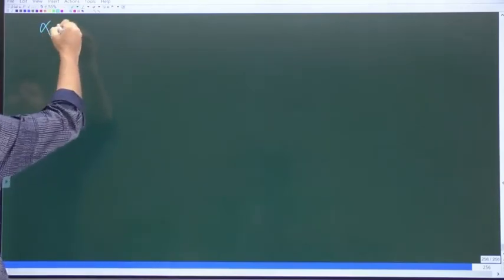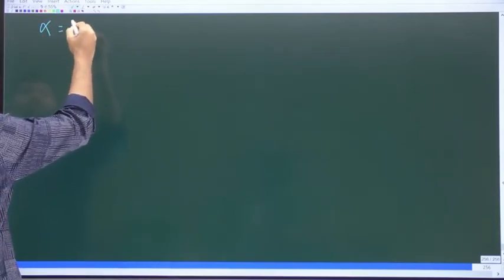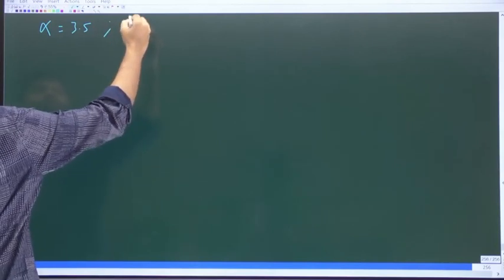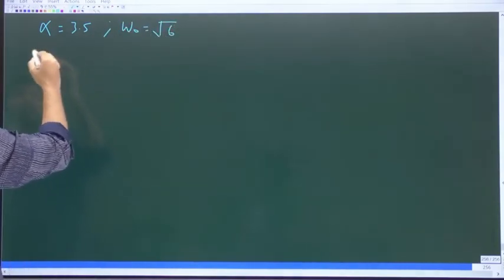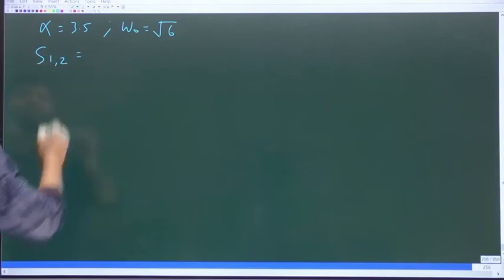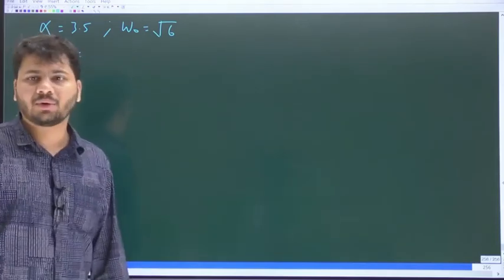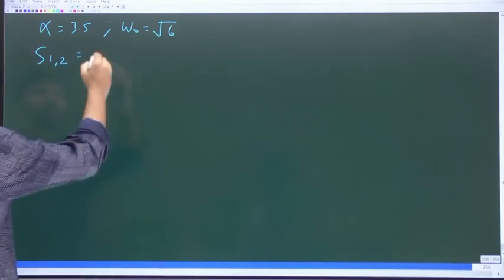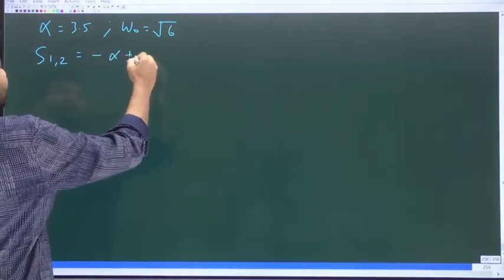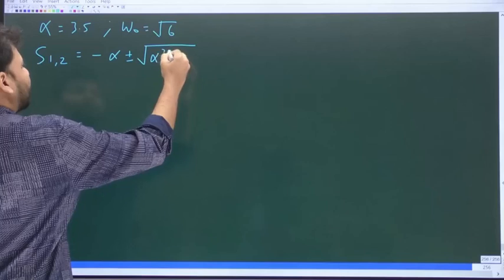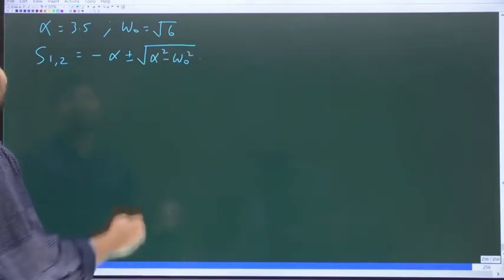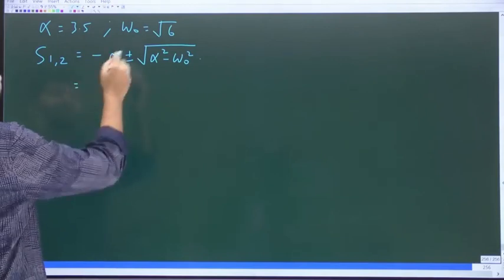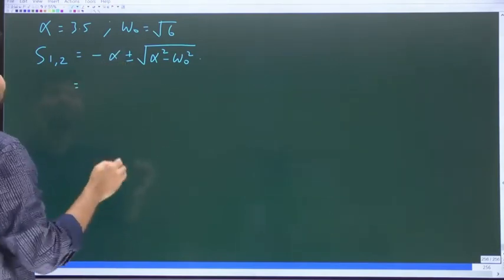So, what is alpha for us? 3.5. What is omega naught? Root 6. Now, what is this S1, 2? The two roots of the characteristic equation. You know they are given by minus alpha plus or minus square root of alpha square minus omega naught square. Just use the values of alpha and omega naught in this expression.